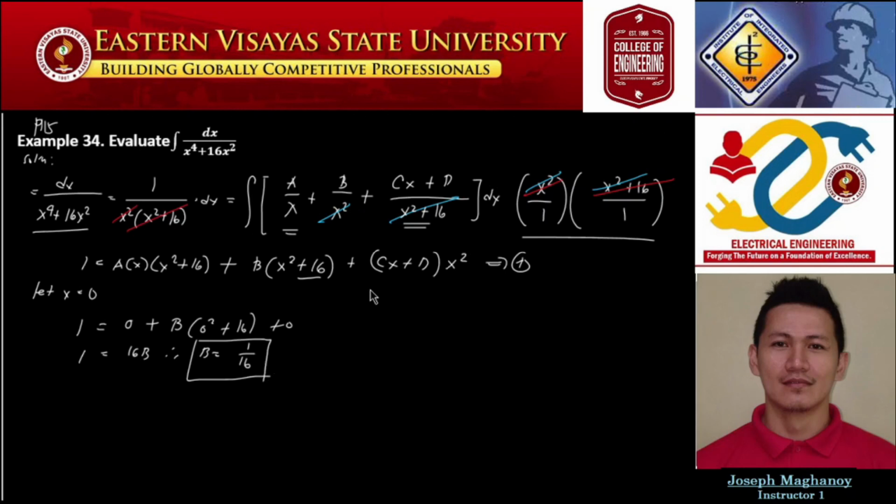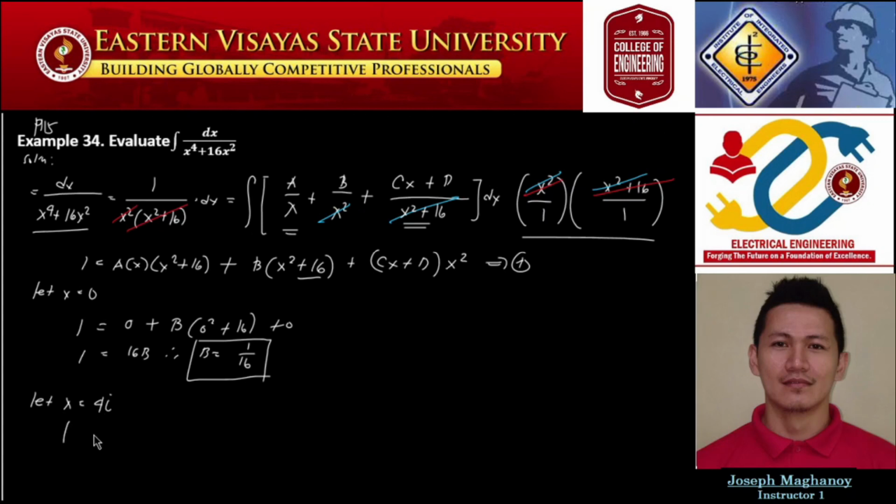Our next step is to assume another value. If we let x equal to 4i, what do I mean by i? That's the imaginary number, where i squared is equal to negative 1. So 4i squared is 16 times negative 1, that is negative 16. I use i to efficiently eliminate constants when I substitute the value into this equation.